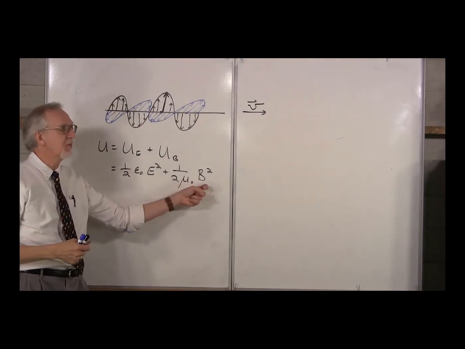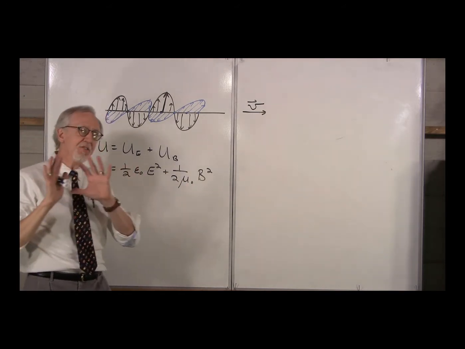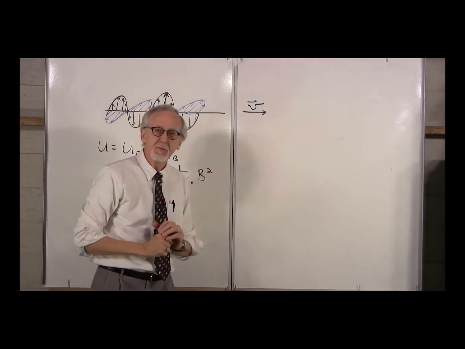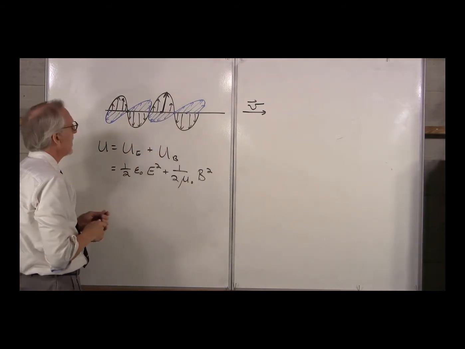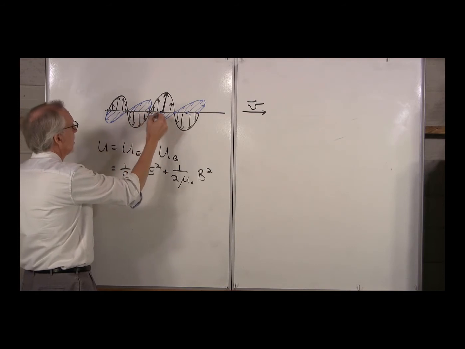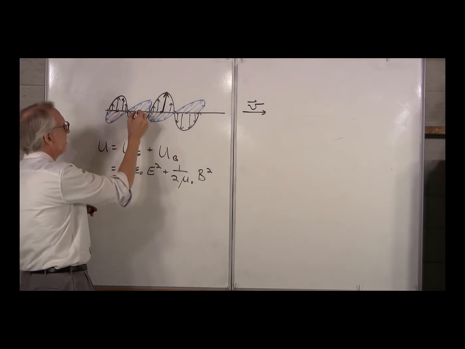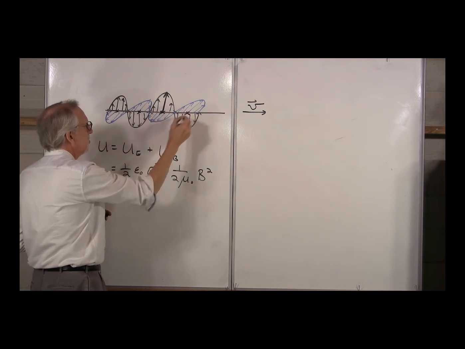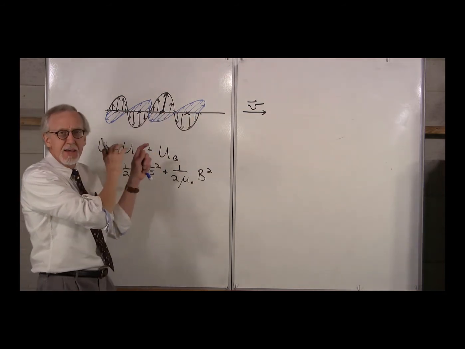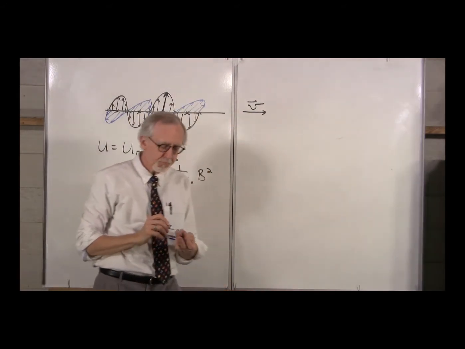This only depends on the magnitudes of the electric and the magnetic field. So as the wave moves through space, we'll have points where there is 0 energy, and then points where there's a lot of energy, where the magnitudes are large. And those high energy and low energy points will be moving through space.